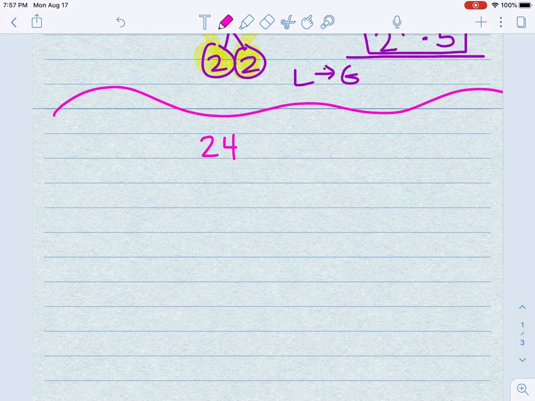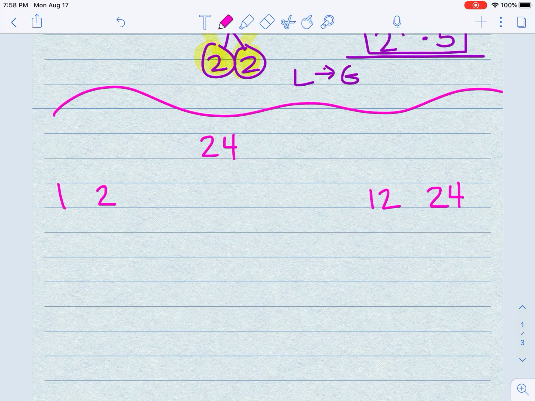Okay, if we want to know all the pairs of factors in 24, we're always going to start with 1 in that number. So 1 in 24. Then we say, is it even? Yes, it's even because it ends in an even number: 0, 2, 4, 6, or 8. So the pair with 2 would be 12.